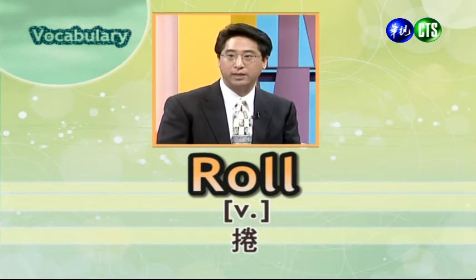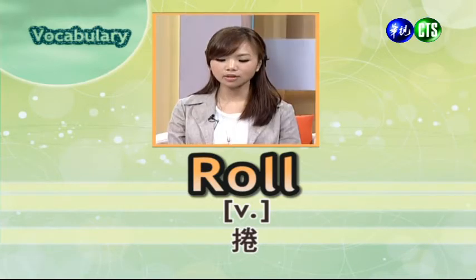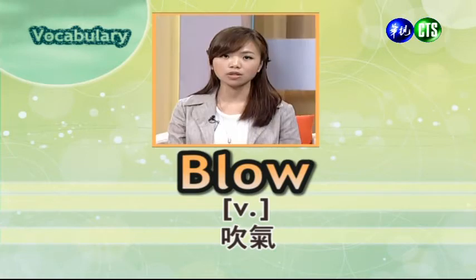All right, our next word is roll, and this is to fold something or form something into kind of a round shape. It's not like the rolling of a ball down a hill. 好，这个单字是指卷的意思你把东西卷起来变成一个像球状的物体。 All right, our next word is blow. 好，下一个单字指的是吹气。 Okay, we go on.